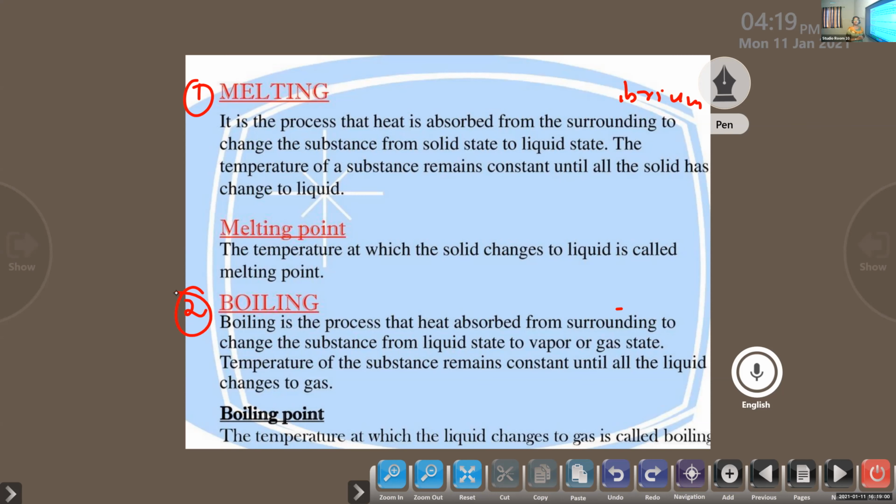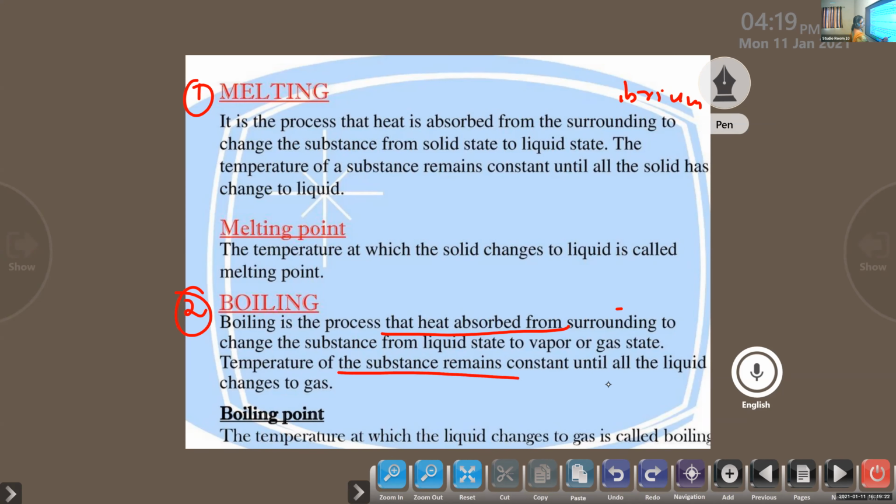For boiling also, what is happening? The heat is absorbed. If you want to boil water, it takes in heat energy and absorbs it. So boiling is the process where heat is absorbed from the surroundings to change the substance from liquid state to vapor or gas state.